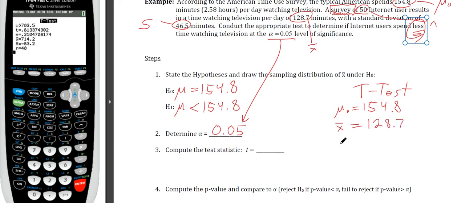Our sample standard deviation is given to us, so Sx is given to us as 46.5. It's rather high. Our sample size is 50. And what we're testing for is mu less than mu sub 0. Notice that mu sub 0 in this statement here should be that same value here. That way it says mu less than 154.8, which is what we have in our alternative hypothesis.